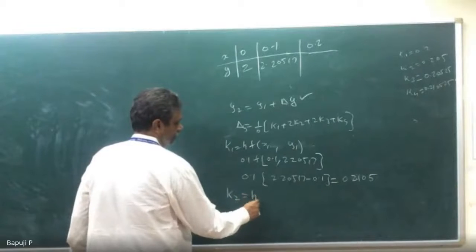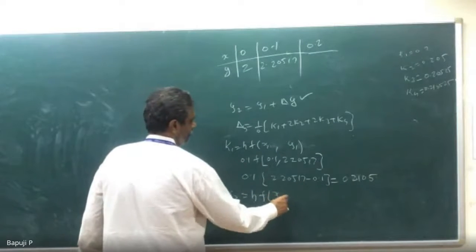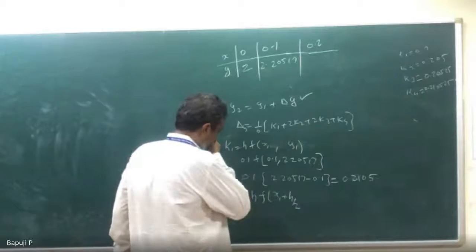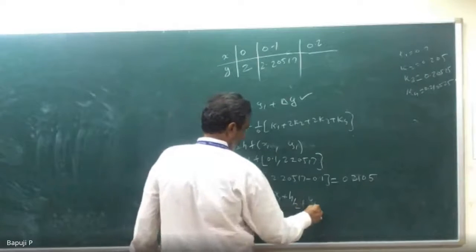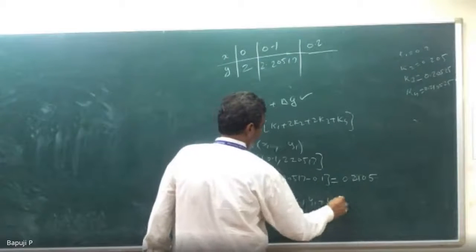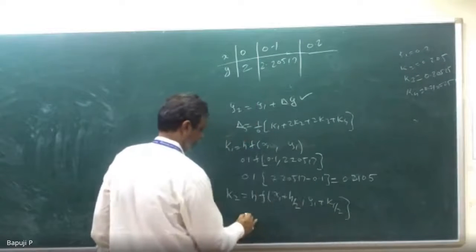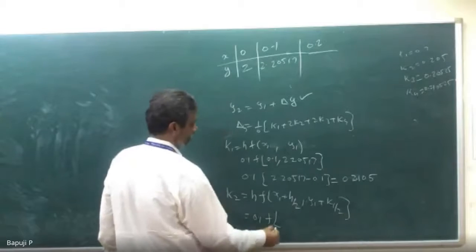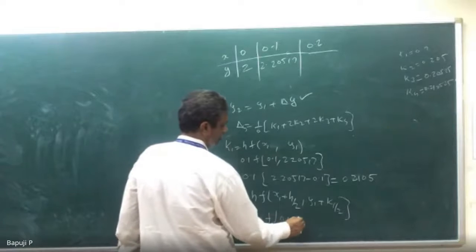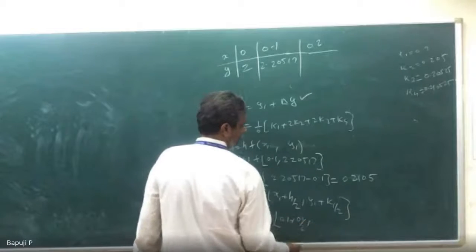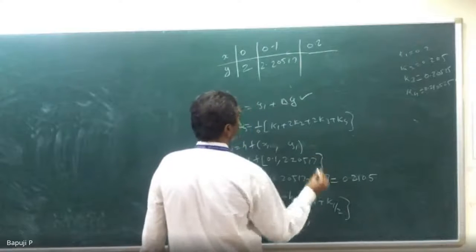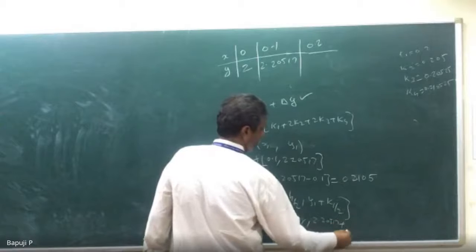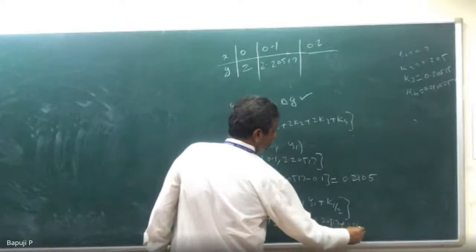Now k2 is what? h into f of x1 plus h by 2, y1 plus k1 by 2. 0.1 f of who is my x1? 0.1 plus 0.1 by 2 comma who is my y1? 2.20517 plus k1 by 2 is what? 0.2105 by 2.